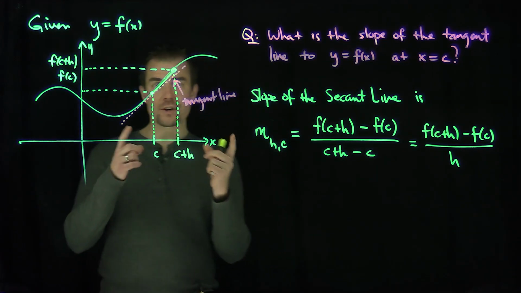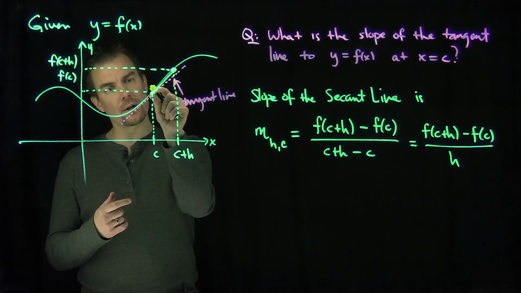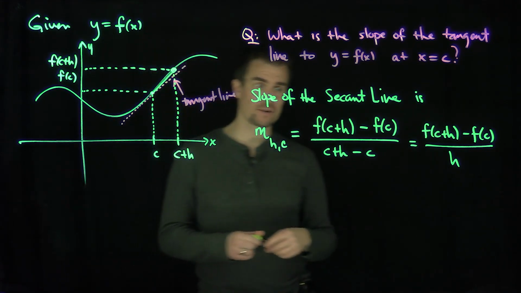And now as h gets closer and closer to 0, that secant line is getting closer to a better approximation of the tangent line.